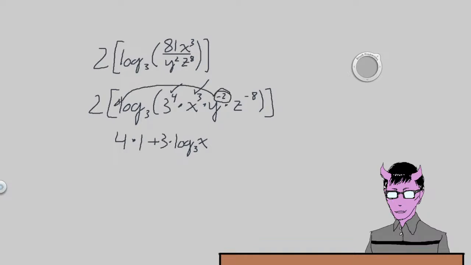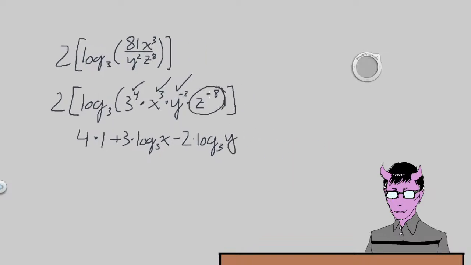We're going to slam dunk that down in front to get a negative 2 times log base 3 of what? Base y. Done with that one. And then same process, same procedure for this one. We're going to take that negative 8, slam dunk it in the front, thereby getting negative 8 times log base 3 with base z.